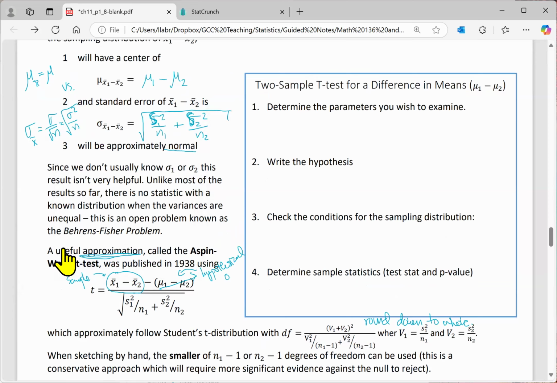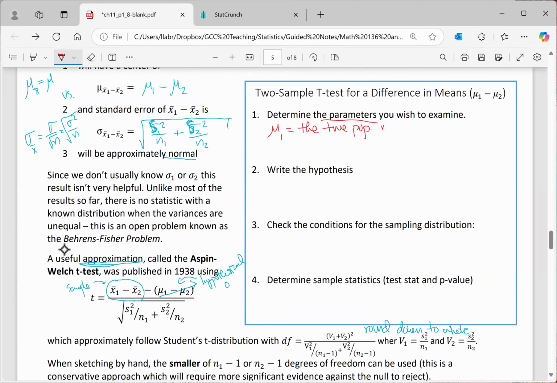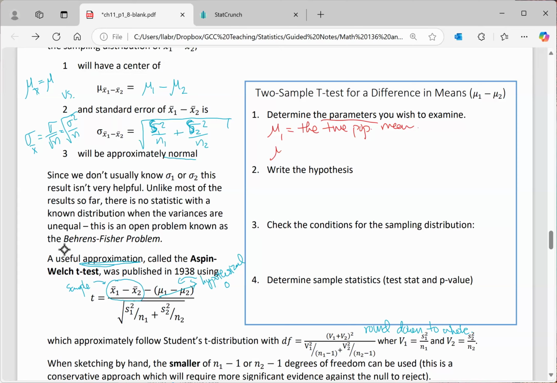When you're asked to determine whether there is a difference between two population means, you're going to determine the parameters. Remember, the parameters are always: what is mu1 going to be equal to? So it'll be the true mean of something. And then you're going to go ahead and write out mu2.